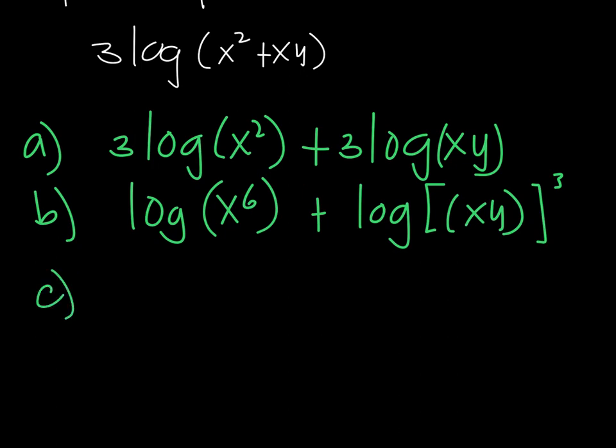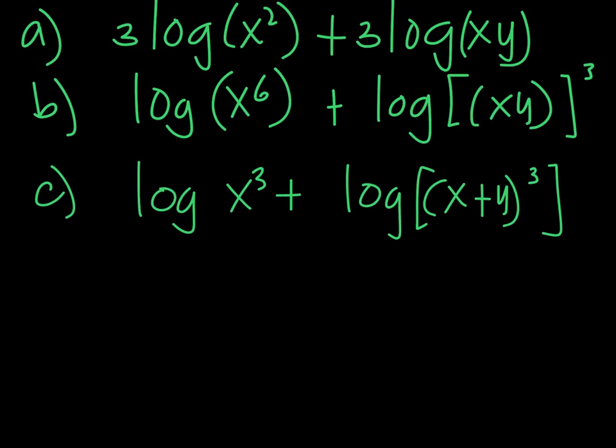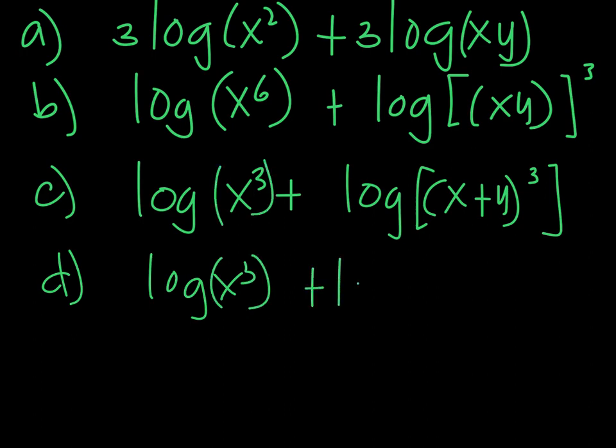Letter C is log of x cubed plus log of x plus y raised to a 3. And then letter D, we have log of x cubed plus the log of, rather, xy raised to 3.